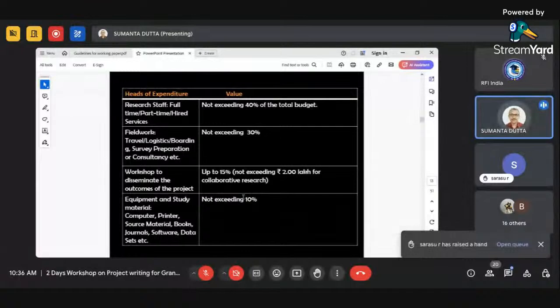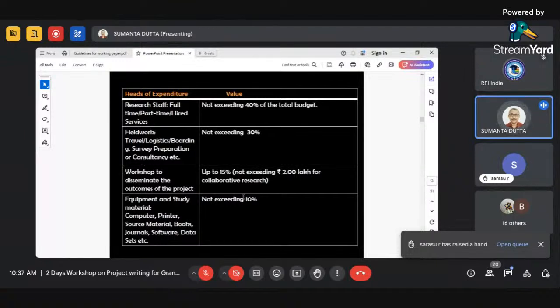If desired, ICSSR will request you to give back those equipment. Otherwise, the particular things can be kept by the respective authority, the HEI of the project coordinator. So whatever is given to the project director, they can keep. If it is required to be refunded to the ICSSR, they will refund it accordingly.